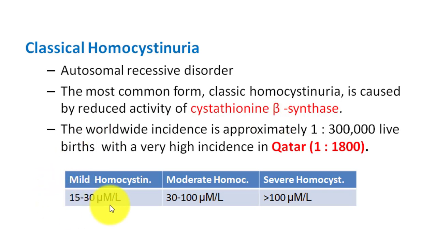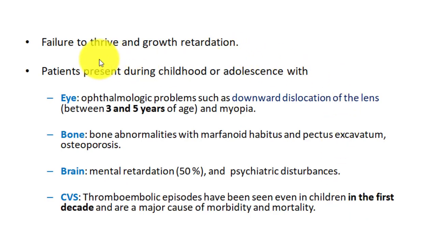Based on level, you can see mild, moderate, and severe homocystinuria. Classical homocystinuria is the severe type, and the homocysteine level is very high, more than 100 micromole per liter. The common findings of this homocystinuria are failure to thrive and growth retardation.